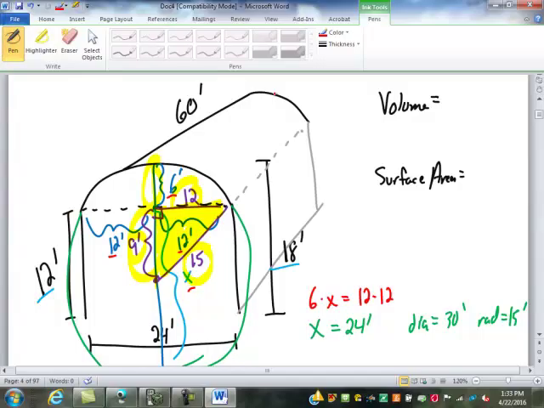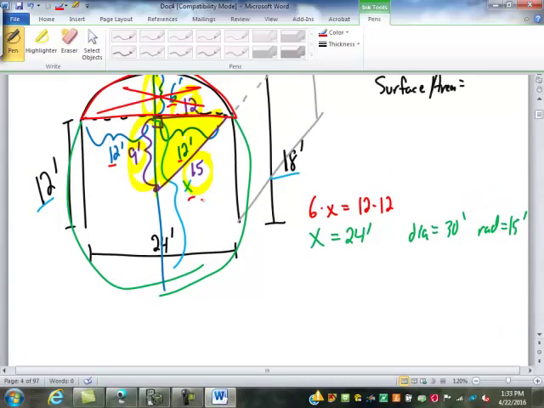So our next step: we're going to find the area of this segment up here. To find the area of that segment, we must find the area of the whole sector, which means we need to know the angle of the sector. So we're going to find this angle first. That angle will be the inverse tangent. What would be the opposite side there?